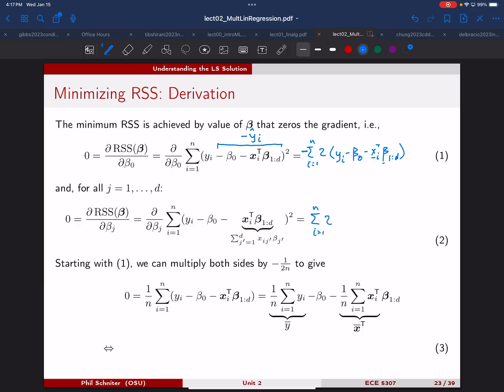So we're going to have y_i minus beta 0 minus x_i transpose beta 1 through d.